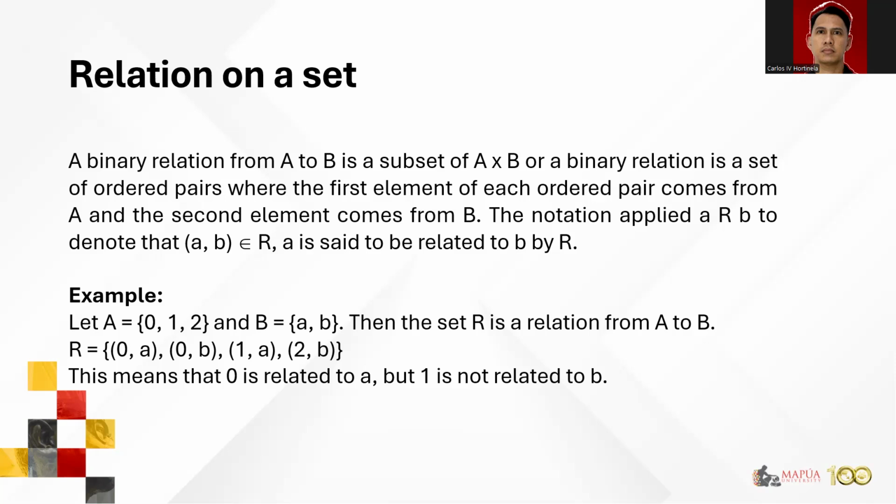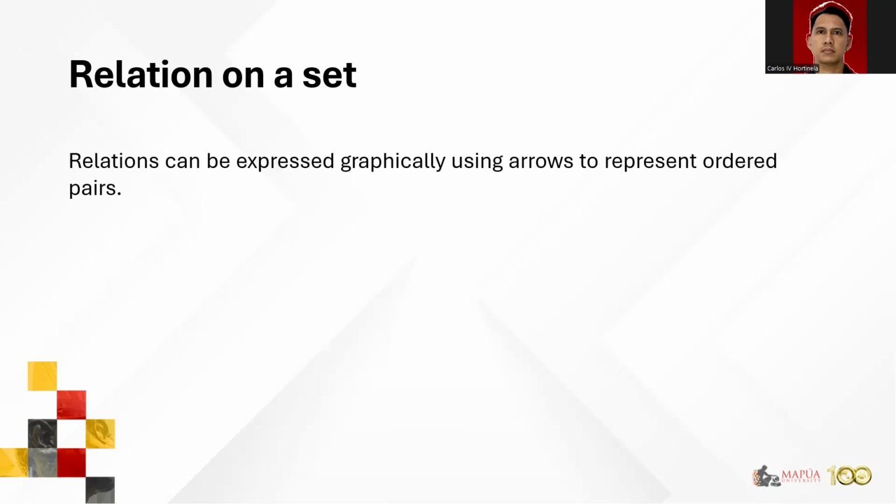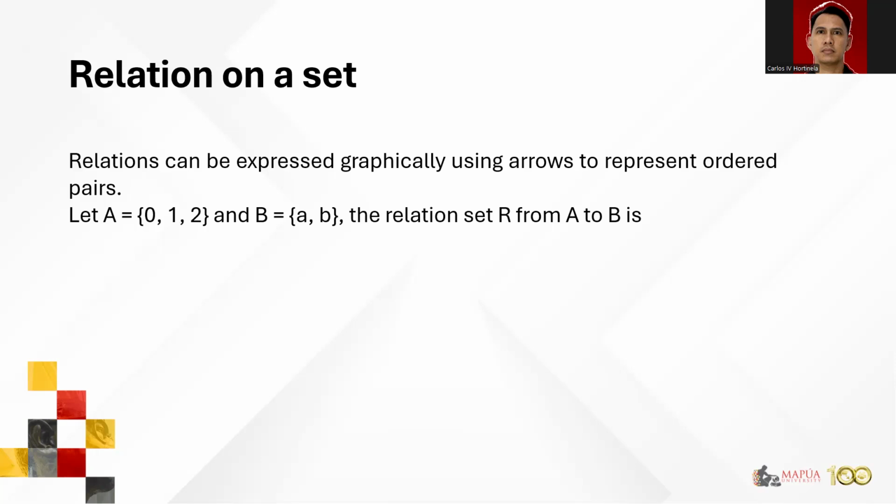Okay? So, there are different ways of expressing your relation. One very simple way of expressing your relation is writing it down in pairs. Another way to express your relation is by representing it graphically. So, for example, I have that relation set from A to B containing the following ordered pairs. How do I represent this graphically?